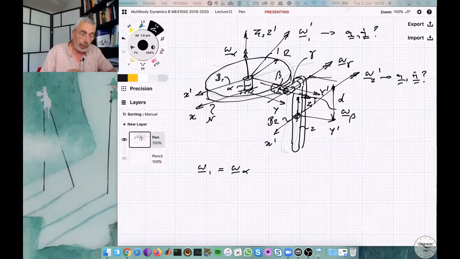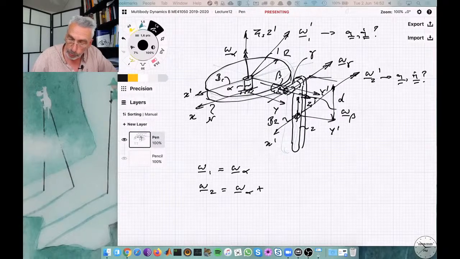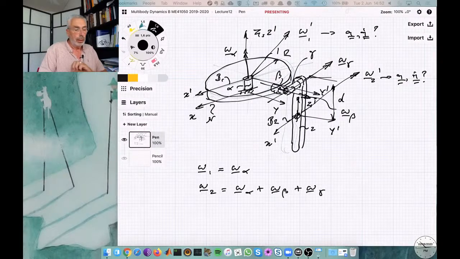And likewise, the omega of body 2, well, I don't know the coordinate system, but I do know it is a chain, and it starts with this angular velocity, then this angular velocity, then this angular velocity. So you have to add up omega alpha plus omega beta plus omega gamma. Now, that is sort of helpful.